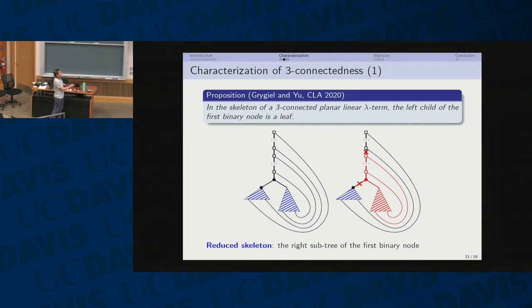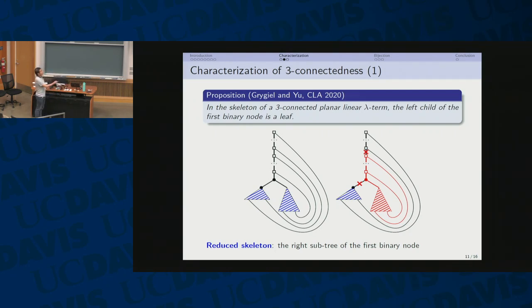And if we also look at free variables on the right subtree, then by planarity, they will be absorbed by segments of abstractions just at the beginning. Now we only need to delete this edge and this edge to disconnect the diagram, which is not possible because we are on free connected terms. So this left subtree must be a leaf.